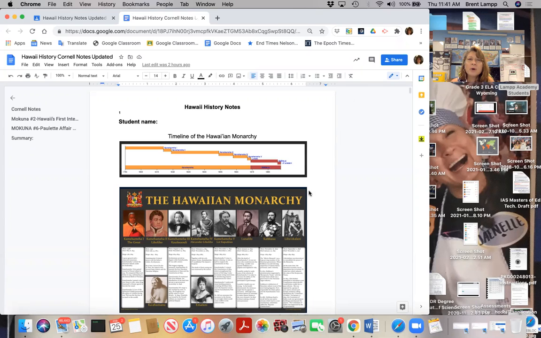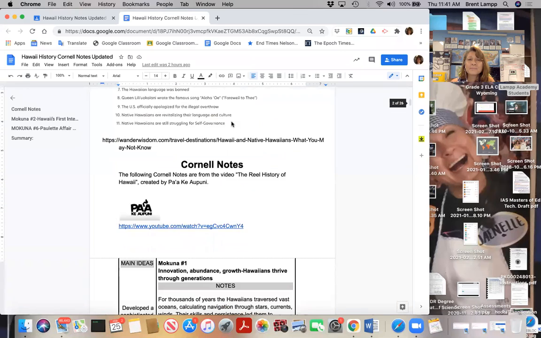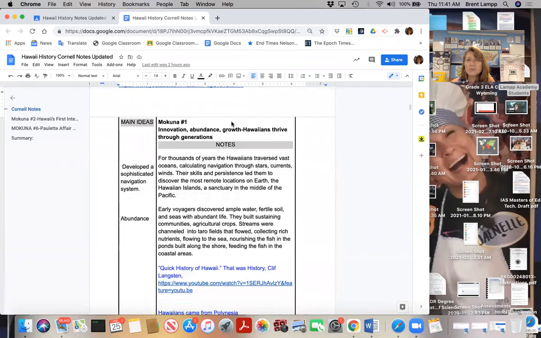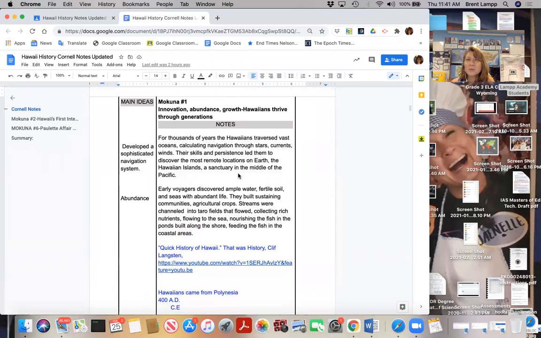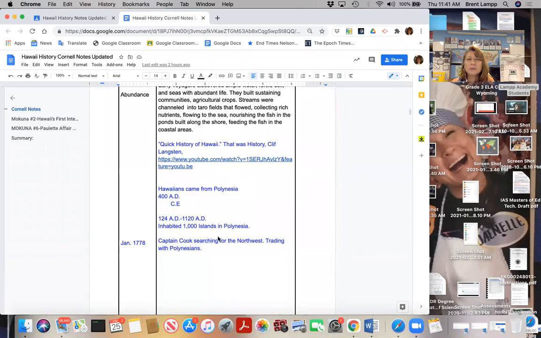And when you open up the Google Classroom assignments, the Hawaii history notes updated is the one that now has your real history notes that you've been building this whole time in Hawaii history. And you can see the blue letters are the quick history of Hawaii by Cliff Langston.